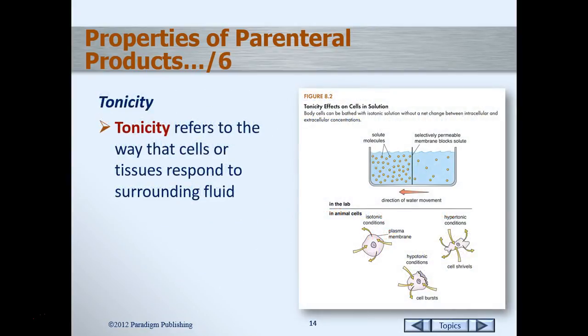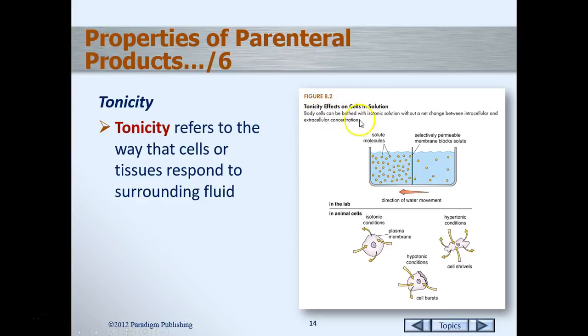That leads to the quality of tonicity. So tonicity refers to the way the cells or the tissue responds to the surrounding fluid. In this diagram, it's giving you the effect of tonicity on the cells in a solution.